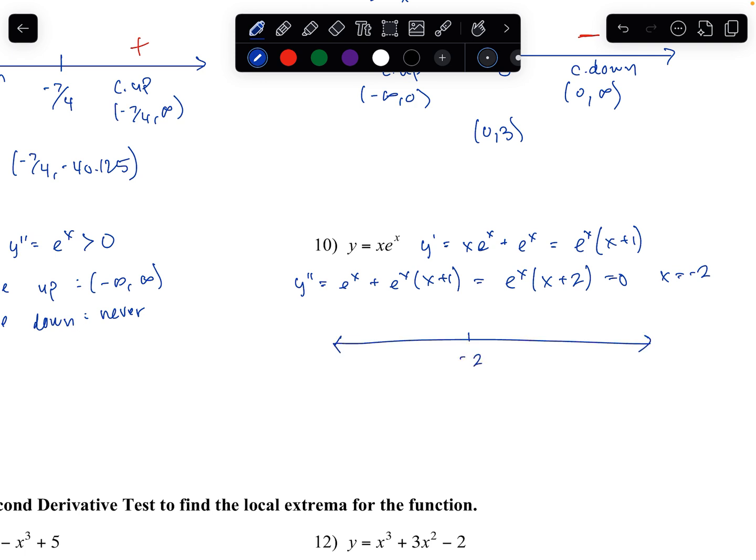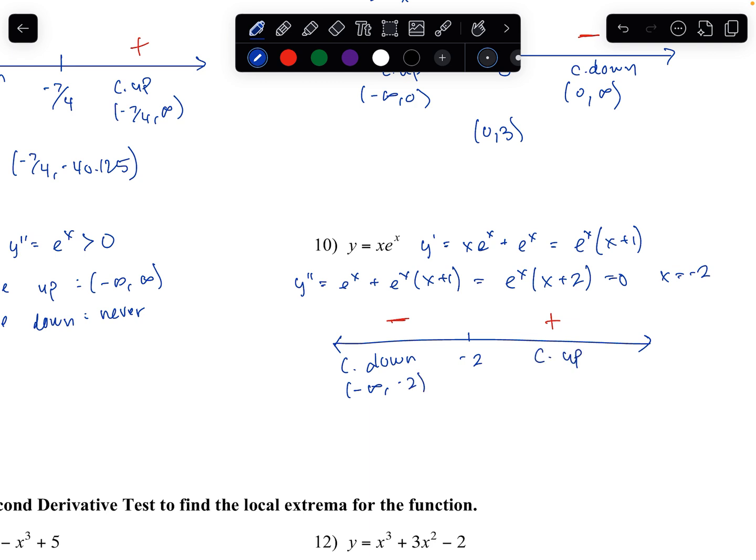So negative 2. And if I plug in 0, this is always positive. That's going to be positive. If I plug in 2, so positive. If I plug in negative 3, that's always positive. That will then become negative, so this becomes negative. Okay, so concave down is going to be from negative infinity to negative 2.